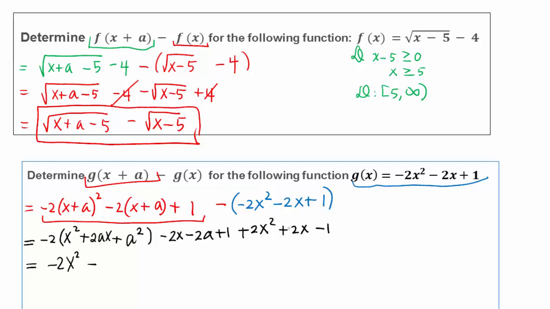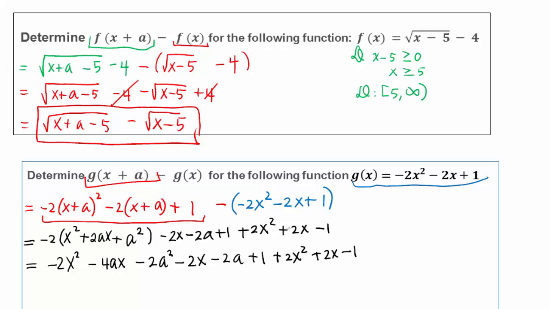Then you have a minus 4ax. And then minus 2a squared minus 2x minus 2a plus 1 plus 2x squared plus 2x and then minus 1. Okay, let's see. Is there anything that we can cancel out?